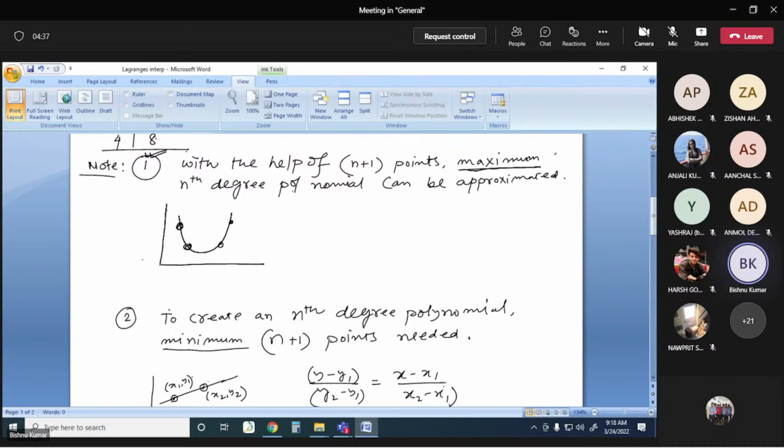These are the 4 points, and this is basically a parabola. If you join these 4 points, you will get this curve, and this curve is nothing but a polynomial, and that polynomial is the parabola. Okay, second degree polynomial, y equals, suppose, px squared, second degree.